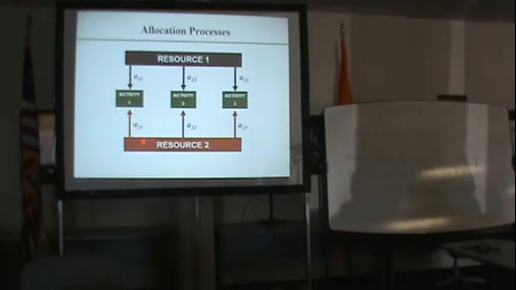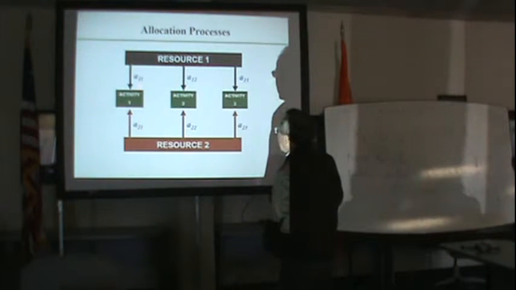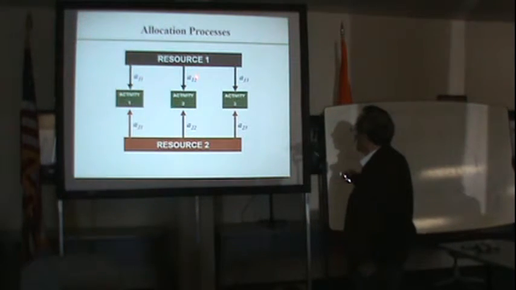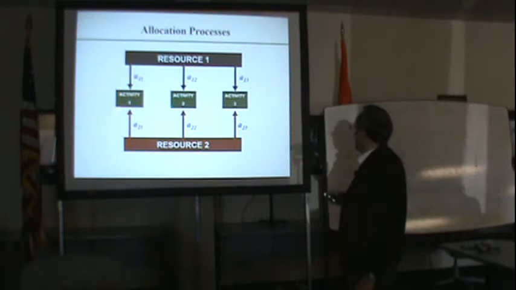In here, I color this. You see that the second subscript here is blue in all cases. So this is a blue 1, a blue 2, and a blue 3. That's for the activity. And this one, the first one is black 1, and black 1 for resource 1.